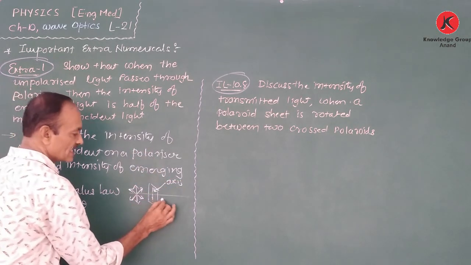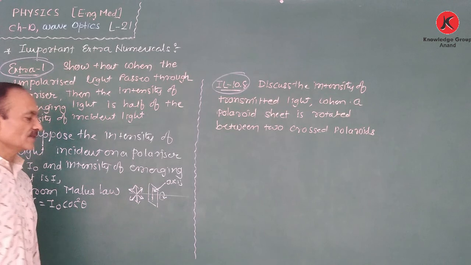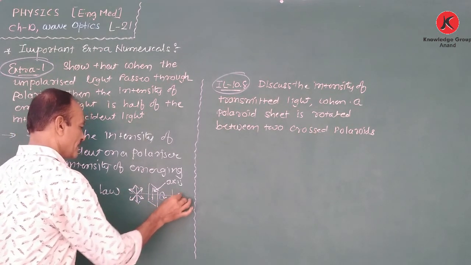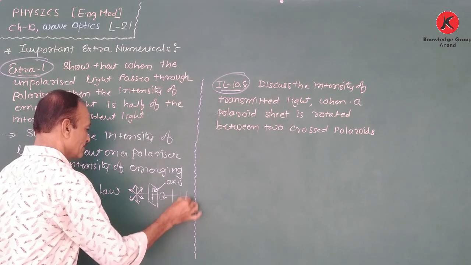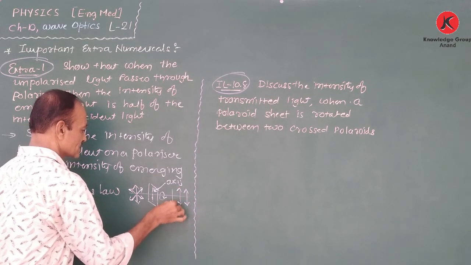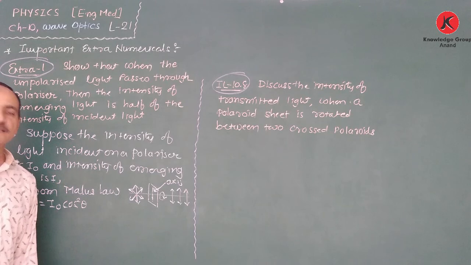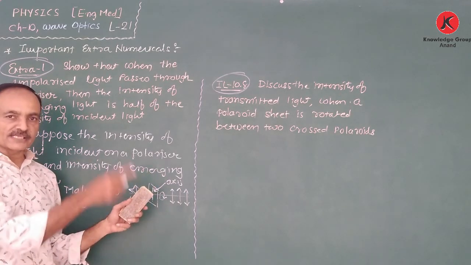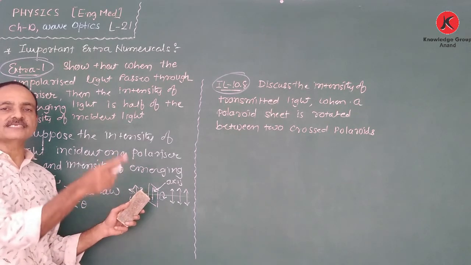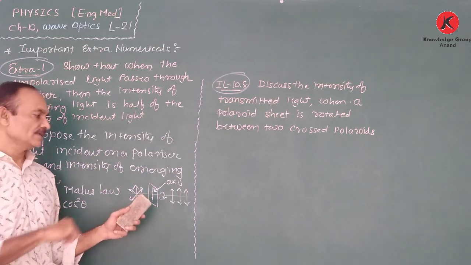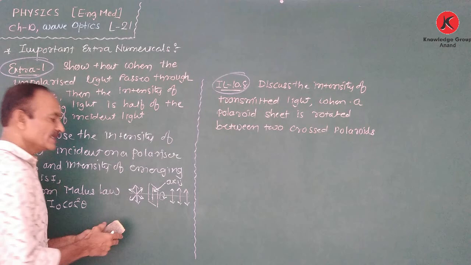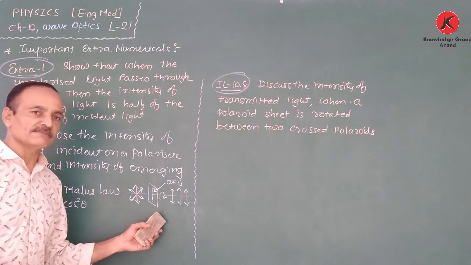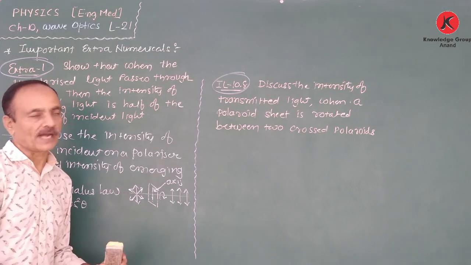Now this polarizer is rotated, so each time the emerging light is parallel to the x-axis. Therefore, during one rotation the angle theta goes from 0 to 2 pi, so we have to take the average intensity between 0 and 2 pi.